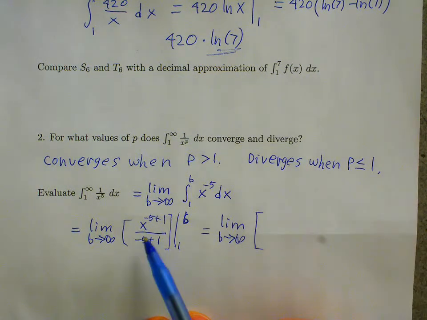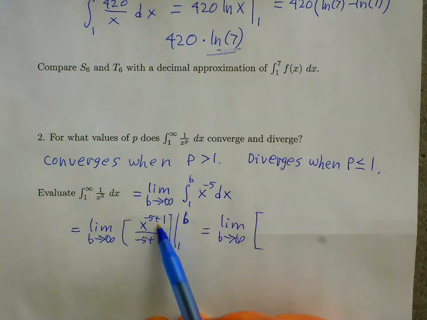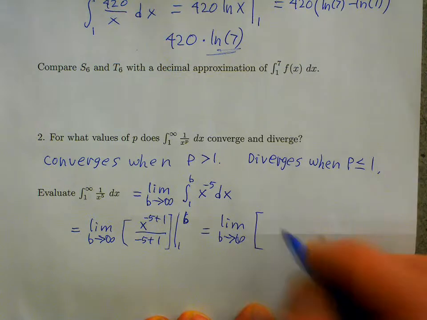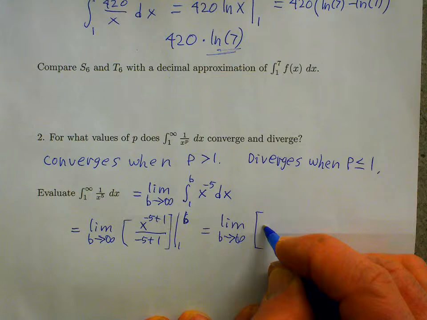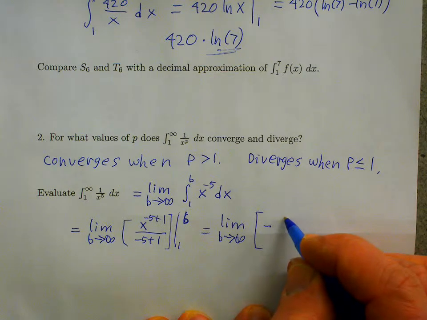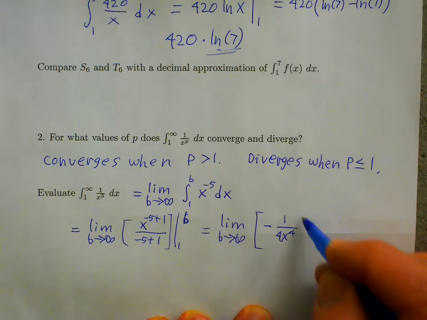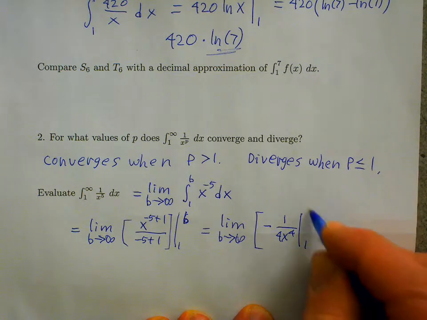Okay, so negative 5 plus 1 is negative 4, x to the negative 4. And in the denominator, negative 5 plus 1 is negative 4. So let's think of this as negative 1 over 4x to the 4th in the denominator, evaluated from 1 to b.